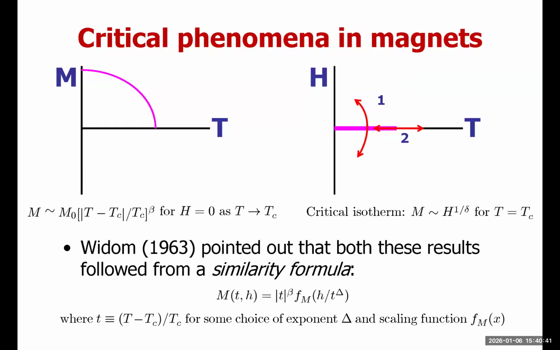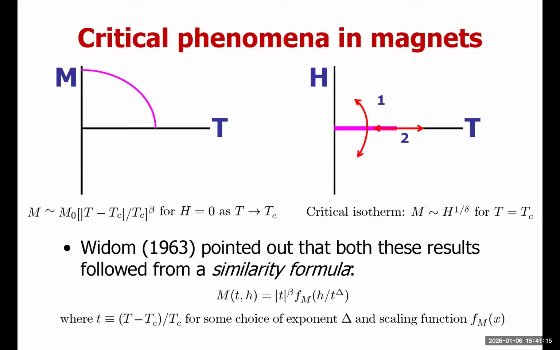Next time we'll talk about how to make a simple theory of this. The simple theory would tell you that the magnetization grows as a power law as I go below the critical temperature. Now this is without any external magnetic field. If I draw the true phase diagram, external magnetic field on one axis, temperature along the other, you might say, well, if I take a material that can be magnetic and apply an external magnetic field to it, the magnetization should be proportional to the external magnetic field.